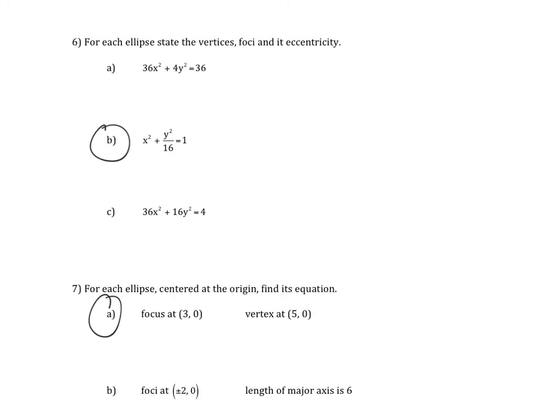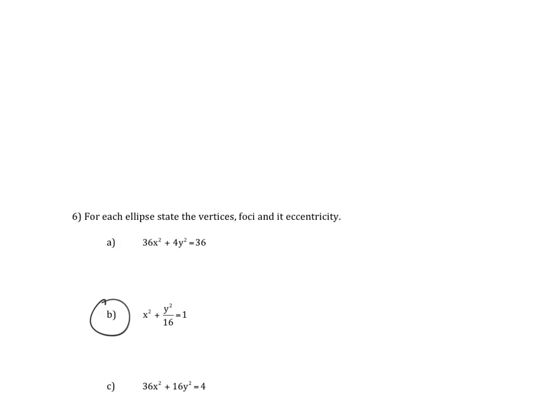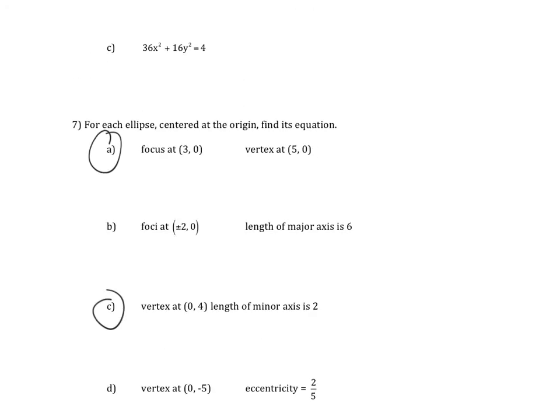So your homework, just to review, is going to be 5A and B. I like the title. I must compliment myself on elliptical workout. 6B and 7A and C. So try those. If you get them, great. If you struggle with them, write down your specific questions, and we'll go over them in class tomorrow.